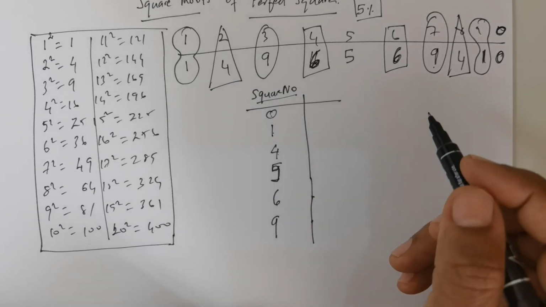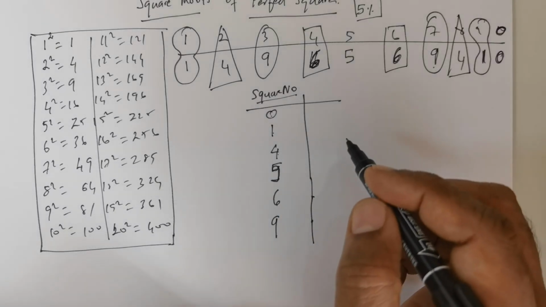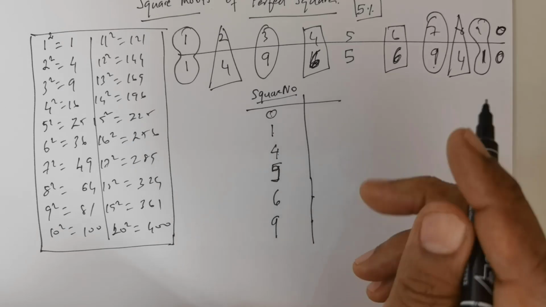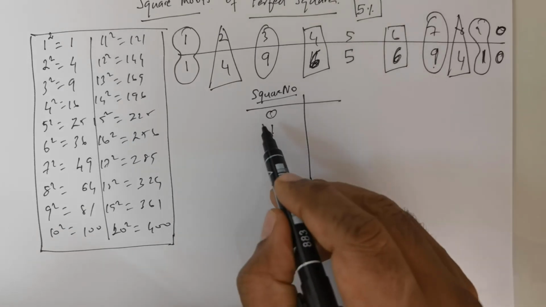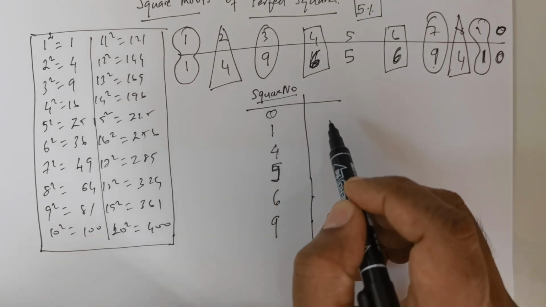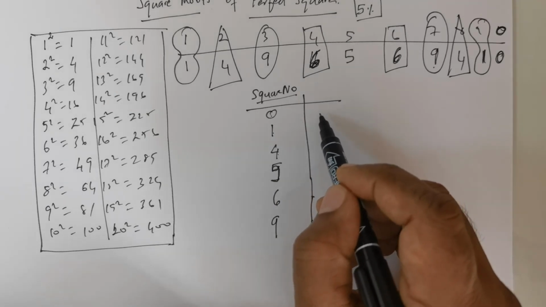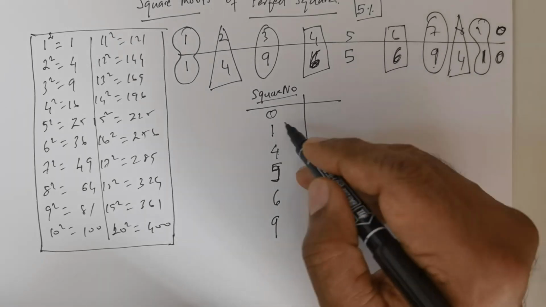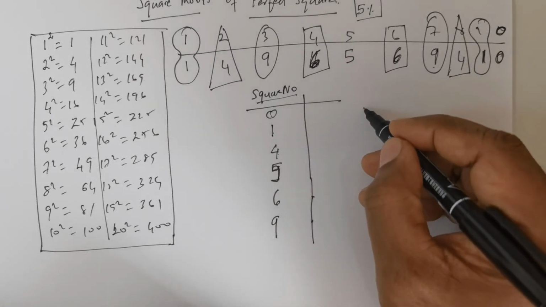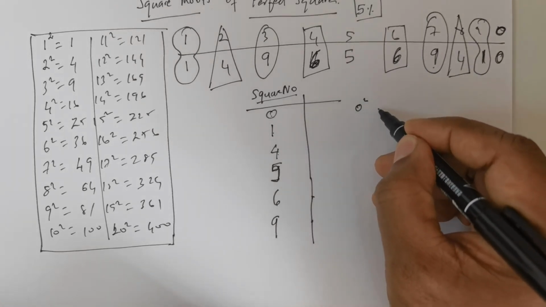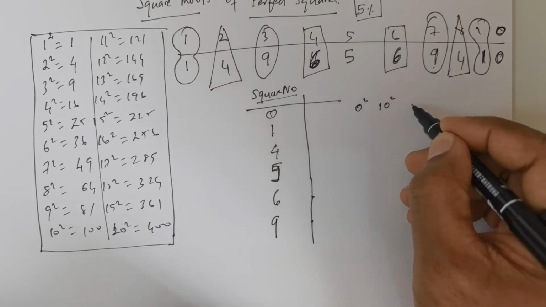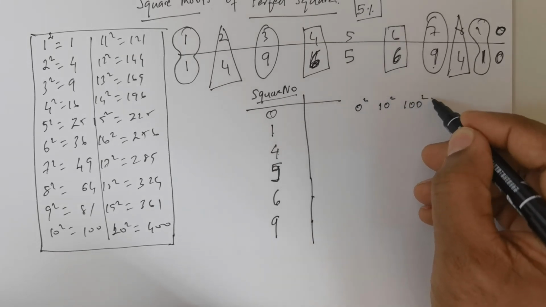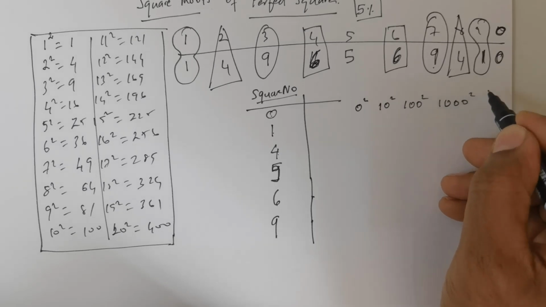Now what is producing those numbers? In other words, I'm asking you a question. Can you tell me what numbers have the ability to produce 0? Of course, if I want to get 0, I can say the square of 0, or the square of 10, or the square of 100, or the square of 1000.